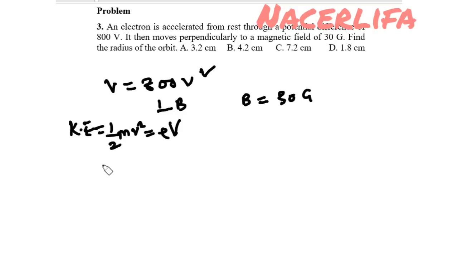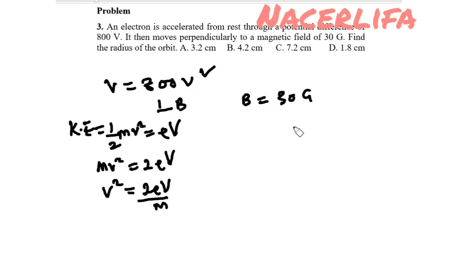So we can say mv square equals 2 times eV, just like saying charge times potential. So when we make v square the subject of the formula, you have 2eV upon m, where e is the charge of the electron and m is the mass of the electron.